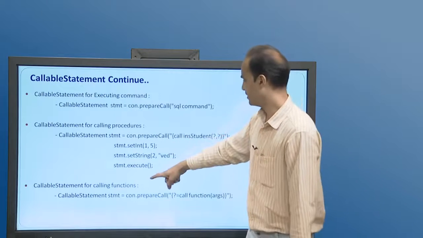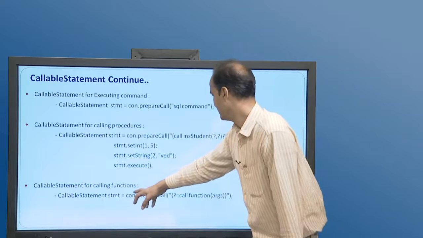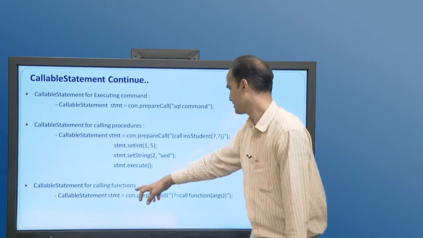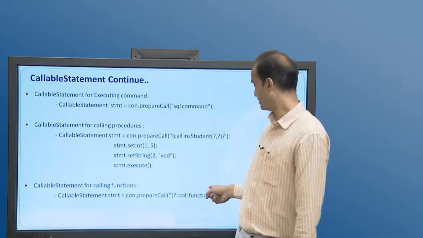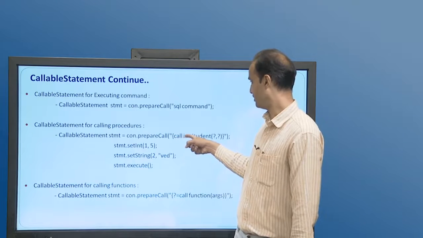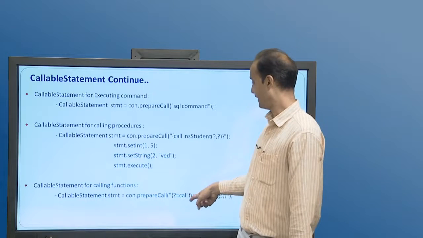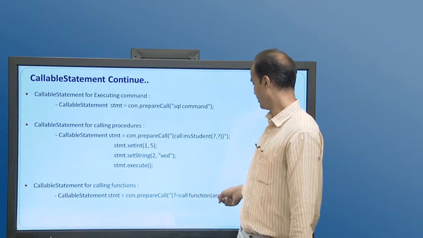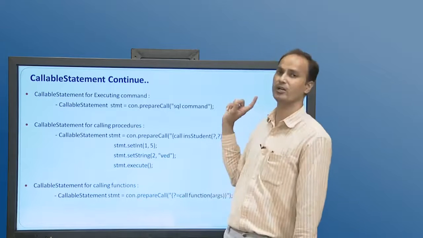And third, if you want to call a function from the database, we create a statement interface instance, connection.prepareCall, and we call a function. See the syntax here. In a stored procedure, we were writing curly brackets and using call, while here we write call, the function and arguments, but at the same time we have written a question mark and an equals sign at the start.